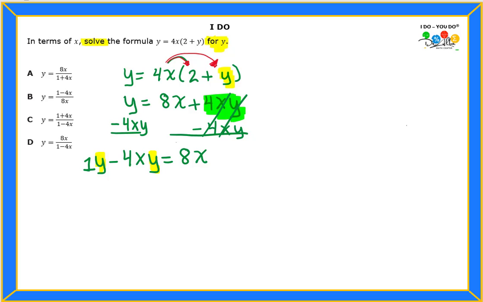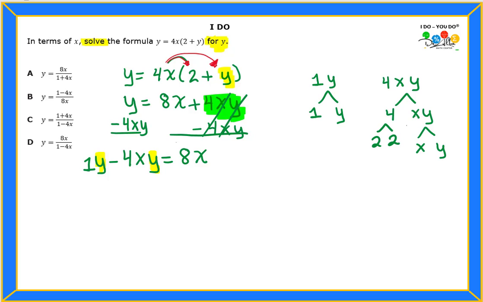So it's like if I write them down on the tree diagram, I'm going to separate my number and my variable. So that's my tree diagram for 1y. That tree diagram for 4xy, I'm going to separate the number and the variables, but then I can also separate my variables. Remember that one? There's another lesson where we cover this.